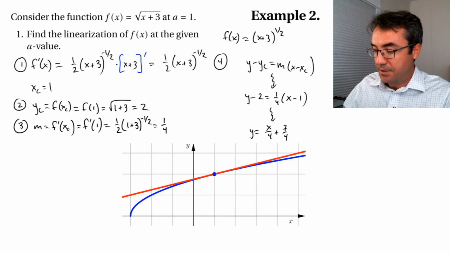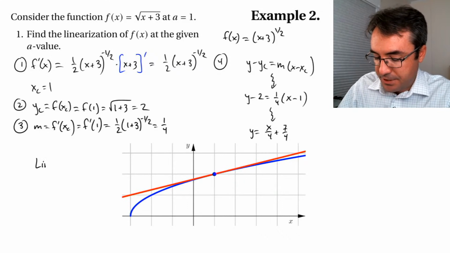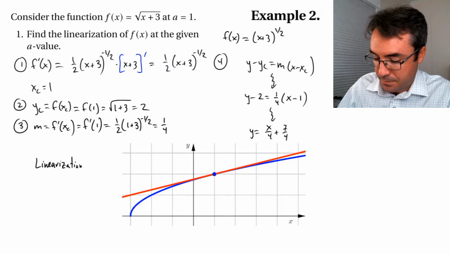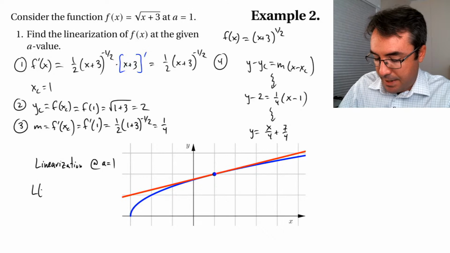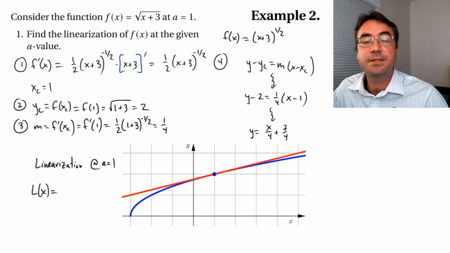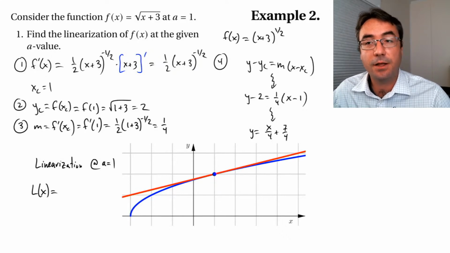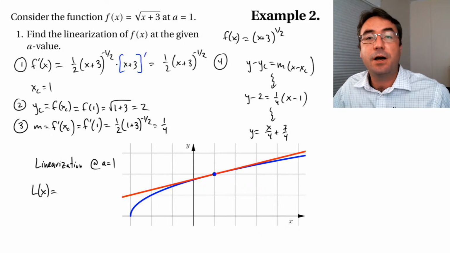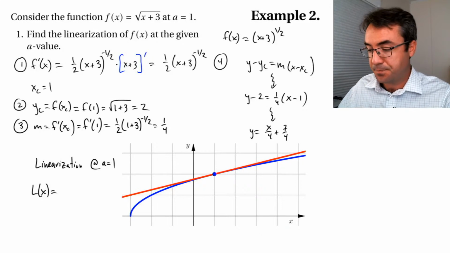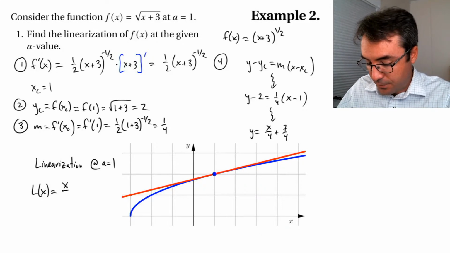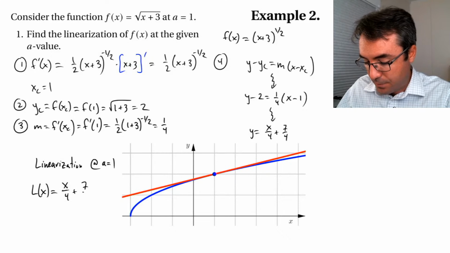And so what this tells us is our linearization at a equals 1 is given by the right-hand side of our tangent line. We call that right-hand side a brand new function. We call it L of x, and it's x over 4 plus 7 over 4.